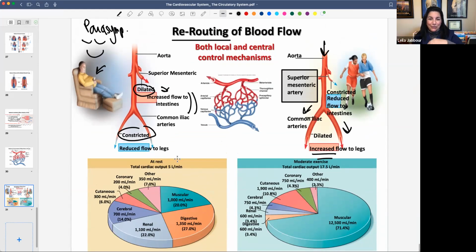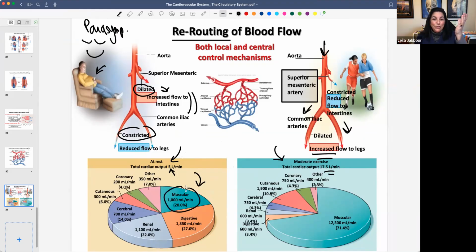So these are a couple of diagrams, pie charts, that illustrate total cardiac output at rest versus moderate exercise. Of course, when you're exercising, it's a much higher cardiac output, 17.5 liters per minute. This is regular cardiac output. It's usually just 5 liters per minute when you're just chill. And where is that 5 liters going?